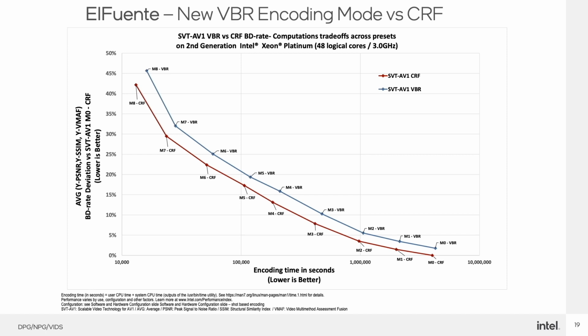We can see that VBR is only a few percent away from the CRF results. The x-axis on this graph represents the total encoding time, the y-axis represents the average PSNR, SSIM, VMAF BD-rate deviation as compared to M0 being taken as a reference here.